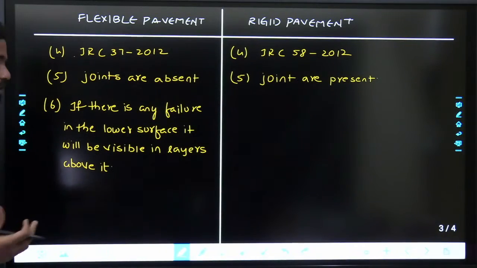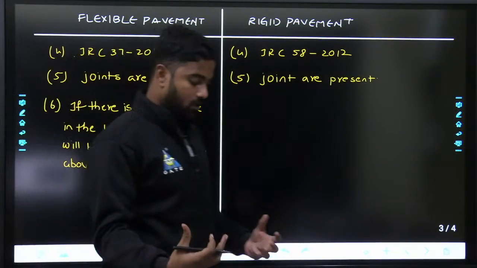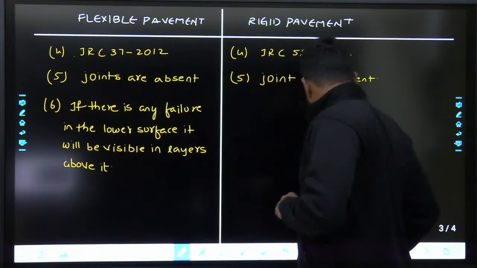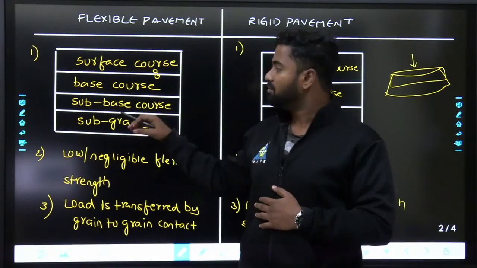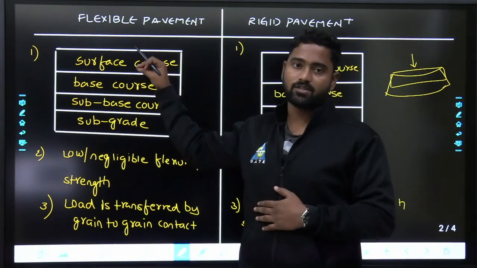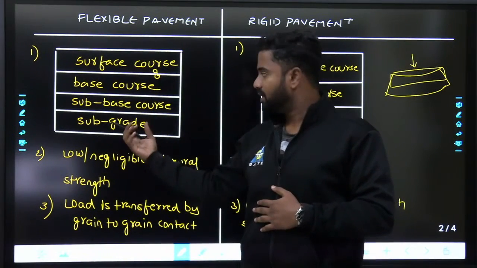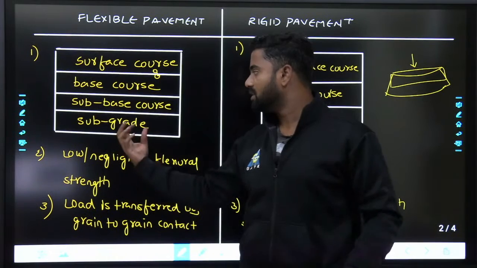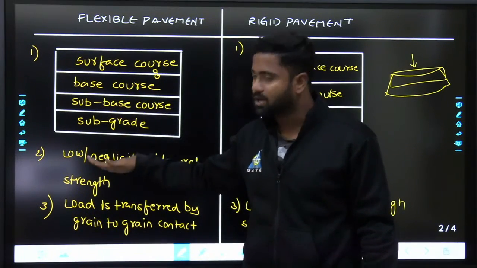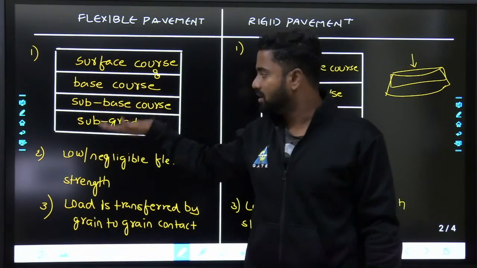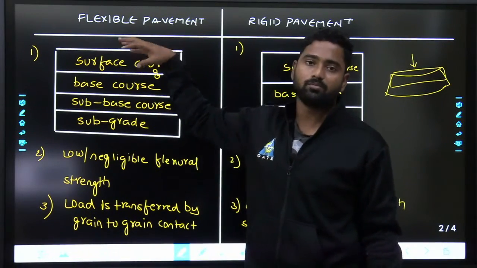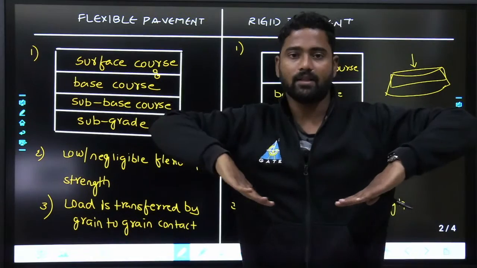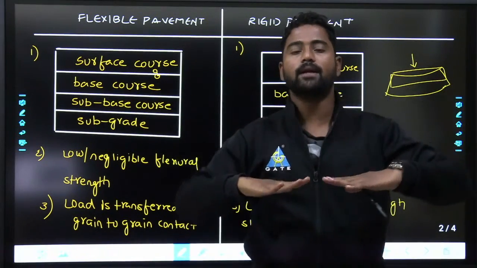If there is any failure in the subgrade, it will be visible in the subgrade, base and surface course. If the subgrade goes down, or if there is any contraction or settlement over here, it will be seen up to the top surface also. The whole road will be bent like that.